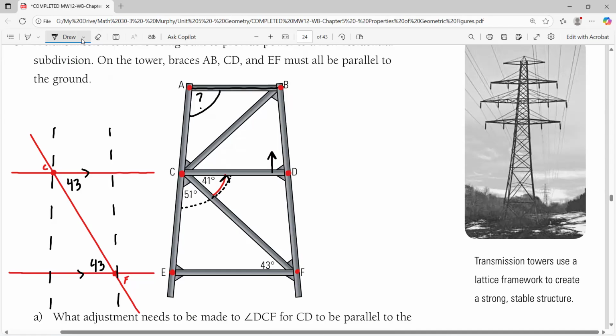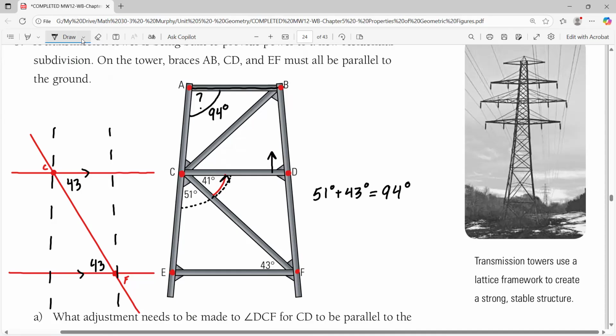But we've adjusted this to 43 now. So 51 plus 43 degrees is 94. And then therefore that same angle, so we can take it, move it up, should be the same.